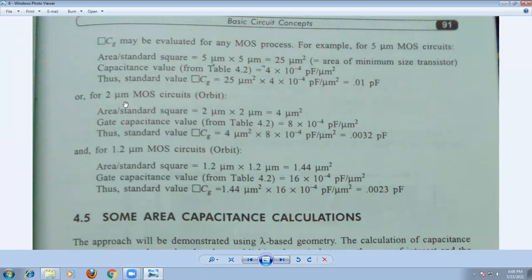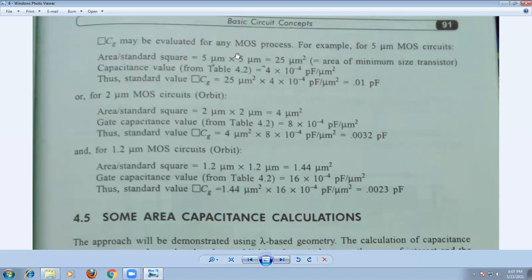Similarly, in orbit 2 micrometer MOS circuit, that is orbit 2 micrometer technology, 1 square Cz is equal to 0.0032 picofarad. Similarly, in orbit 1.2 micrometer technology, 1 square Cz is equal to 0.0023 picofarad.